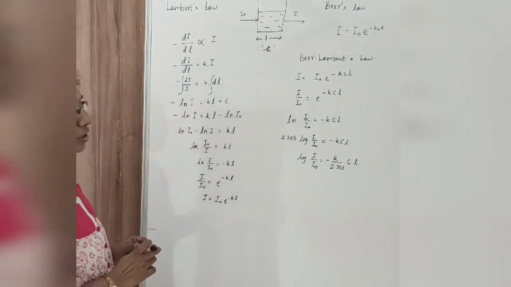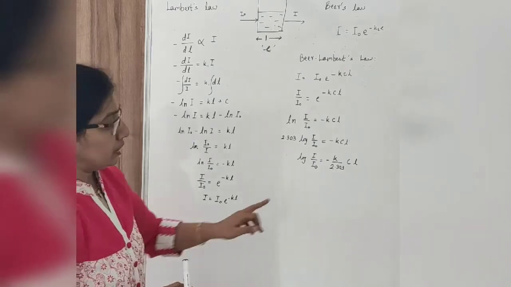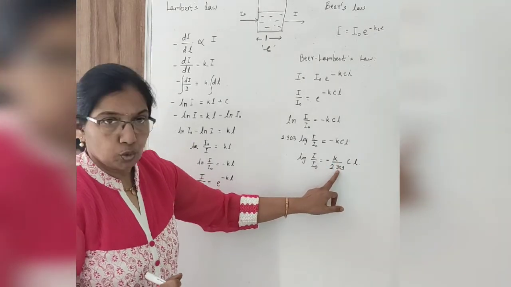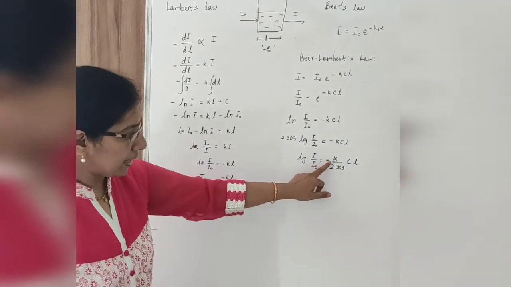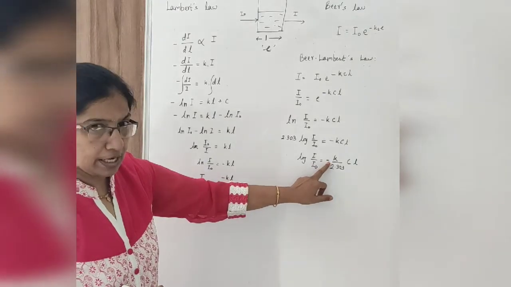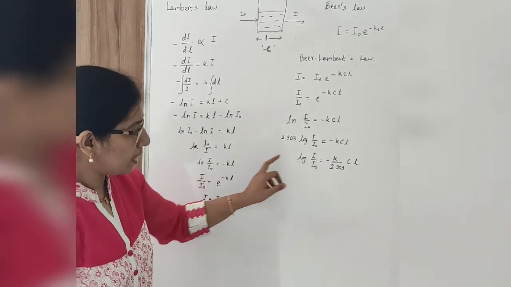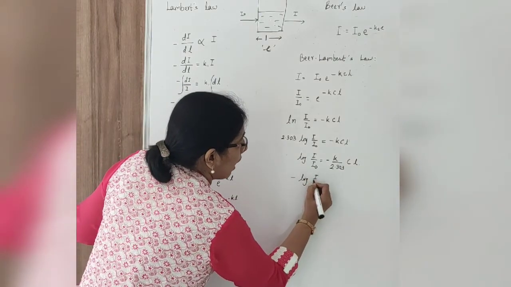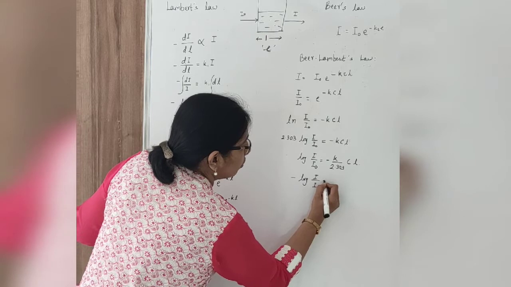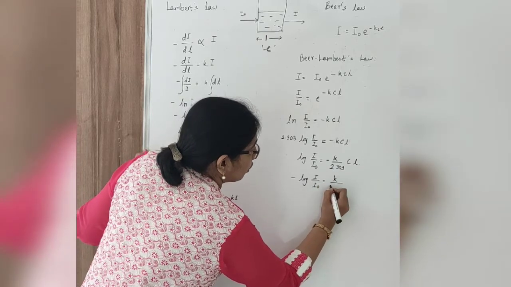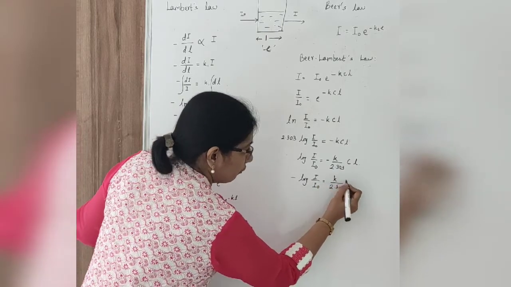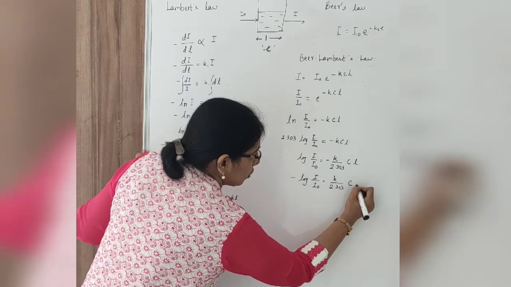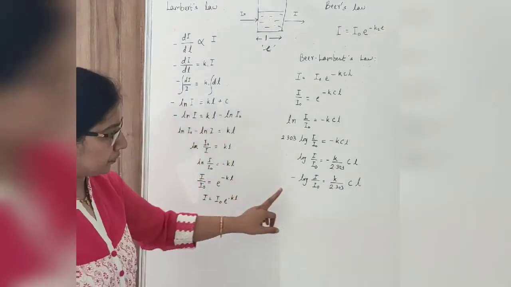This term K upon 2.303 is a constant. Or if we take the negative sign to this side, this will be log of I0 upon I is equal to K upon 2.303, which is one more constant, C that is concentration, L is path length.